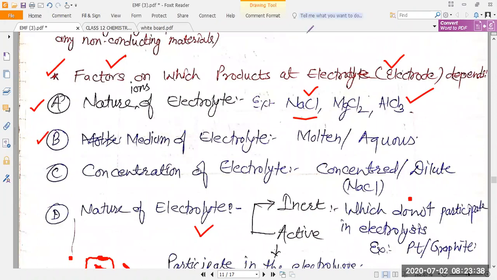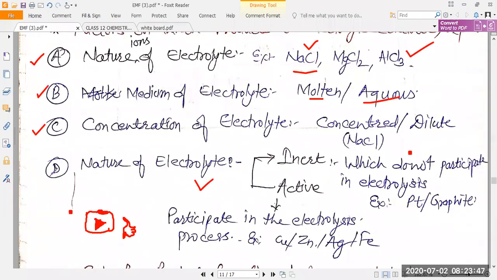The second important point is the medium of electrolyte. We can take it in molten form and also in aqueous form. Next, the third point, very important, is the concentration of the electrolyte. If we make an aqueous electrolytic solution, then aqueous electrolytic solutions are of two types: concentrated electrolytic solutions and dilute electrolytic solutions.